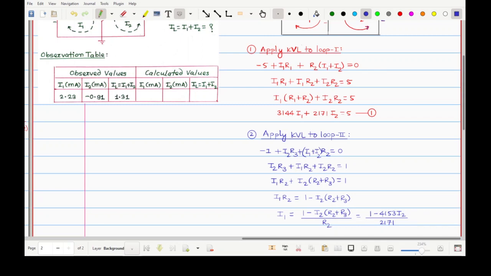Now put this value in equation 1. So you have to put this in equation 1, in this equation.